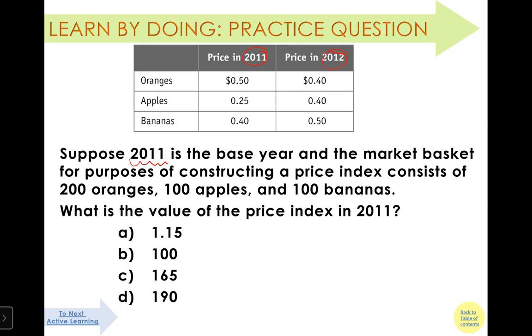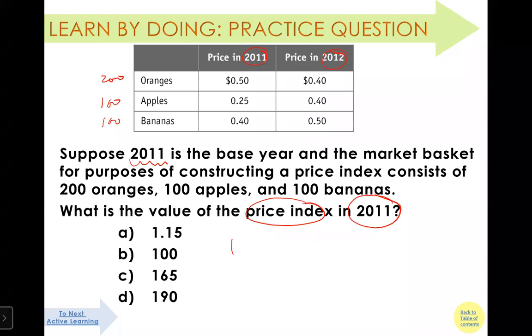Okay, and the market basket includes 200 oranges, 100 apples, 100 bananas. So this is a market basket. Now, this question asks you, what is the value of the price index in 2011? Before you do the calculation, let me remind you, what is the price index?